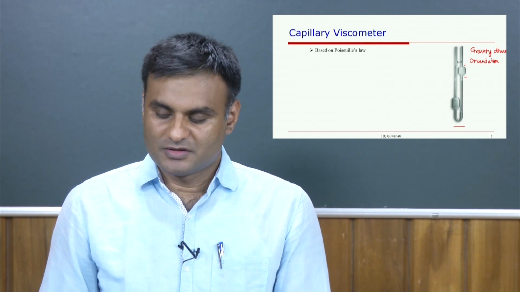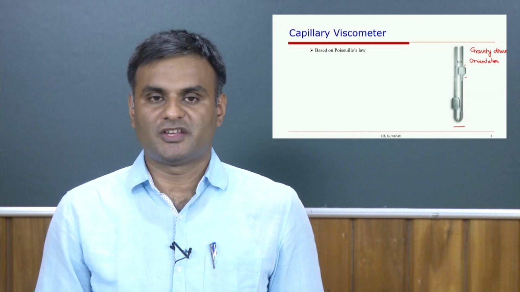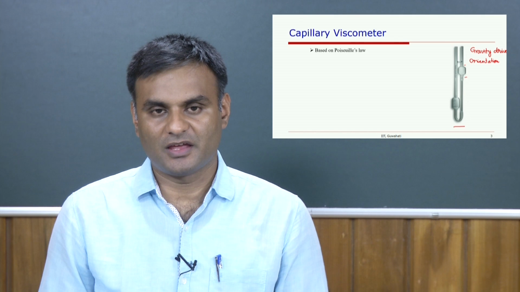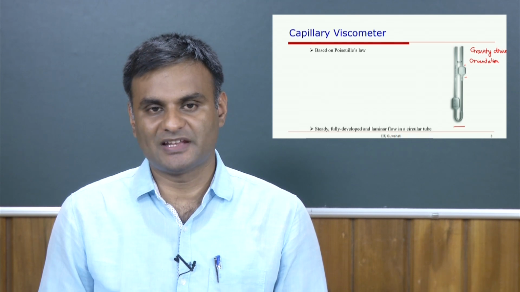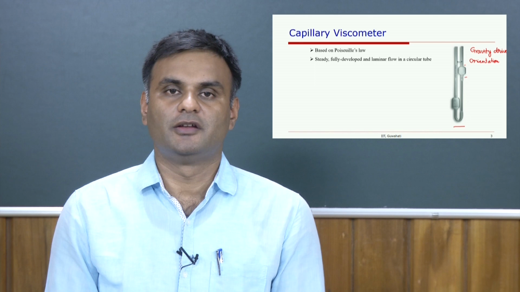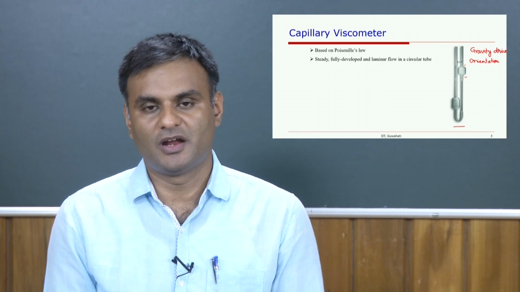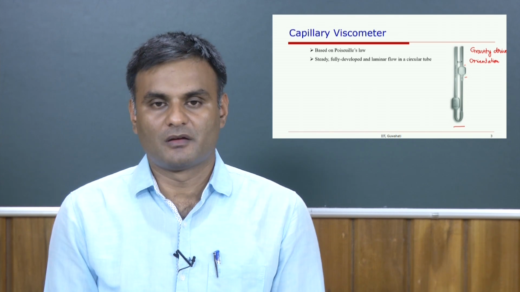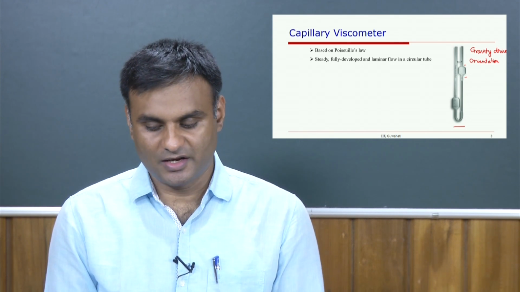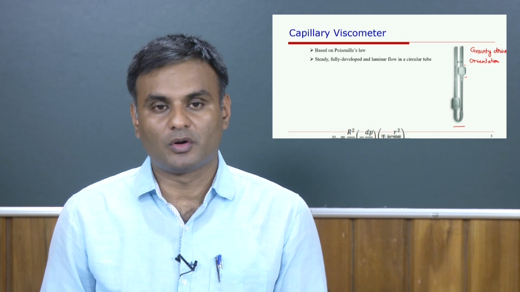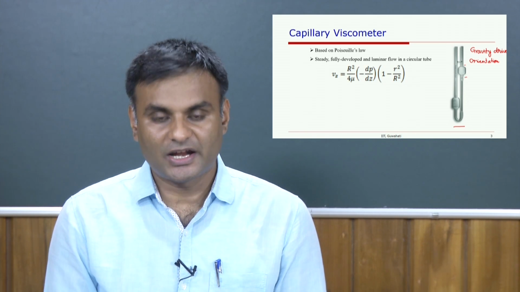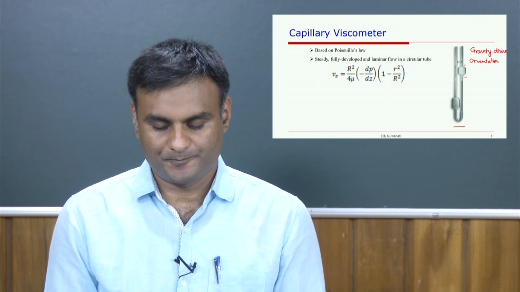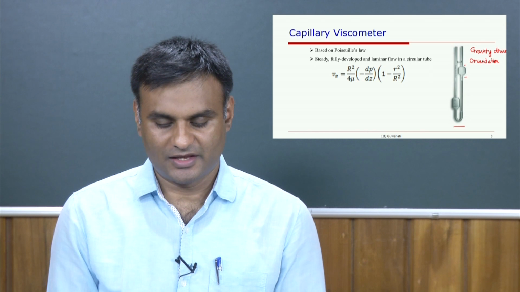So the capillary viscometer is based on Poiseuille's law. You might remember in the previous lecture we looked at Newtonian fully developed laminar flow in a circular channel. The flow was steady, so we derived the following relationship for the velocity profile in the channel.